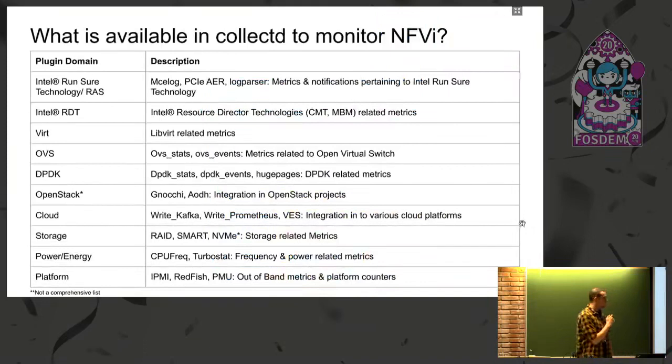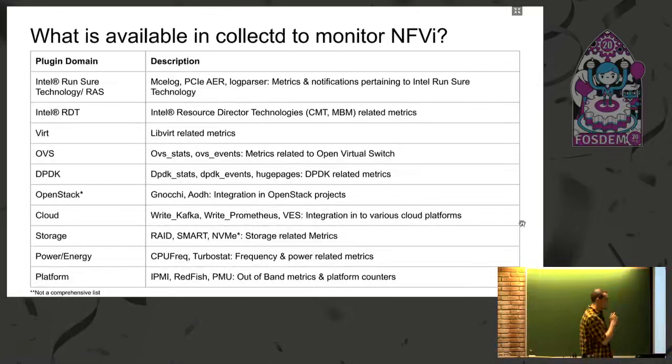So what else is available in CollectD to monitor the NFVI? There are plugins like MCE log, PCI errors, or log parser that are able to provide you specific counters about, for example, memory errors that are happening on your DIMMs, through Intel RAS technology, which are basically features built for reliability, availability, and serviceability, helping your platform to serve you longer, even if there are any failures occurring.